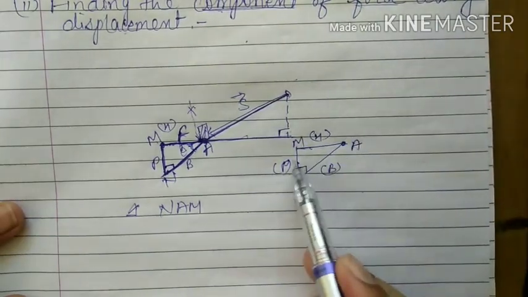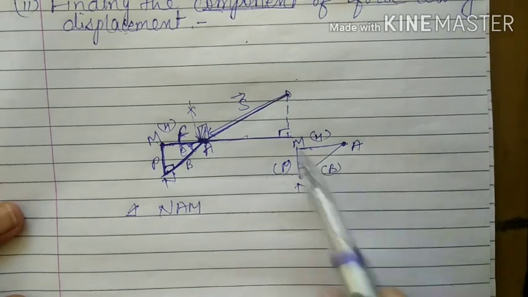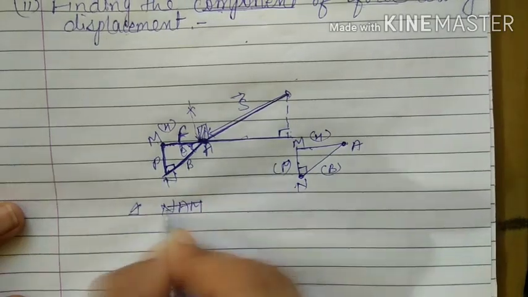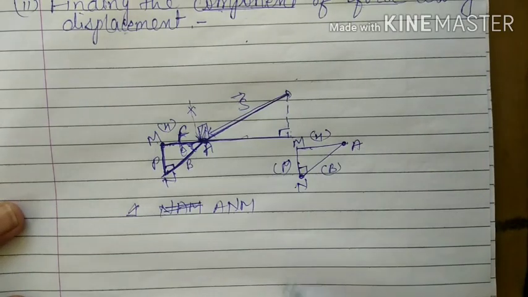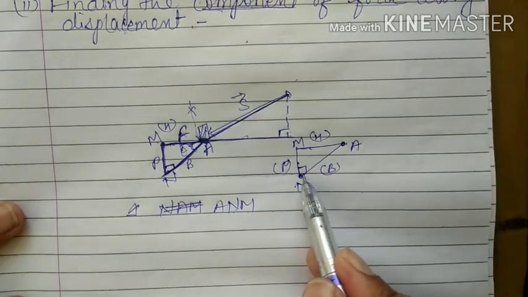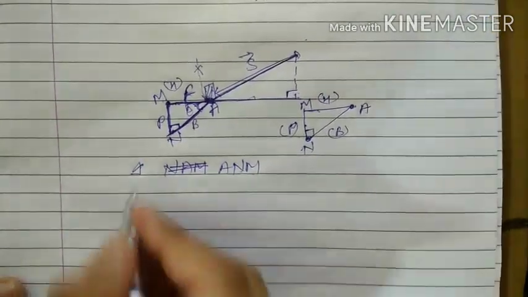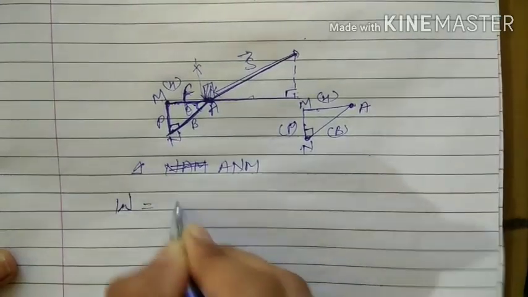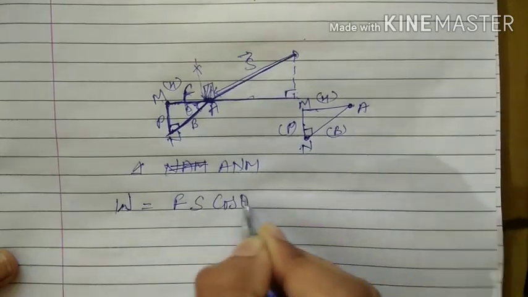So we now have this right angle triangle, that is A and M. You can write it as AM because this is a right angle triangle. No problem. Now from here also we will calculate the value of cos theta. But before that, we know what we have to derive. We have to derive work done, that is equal to force into displacement into cos theta.